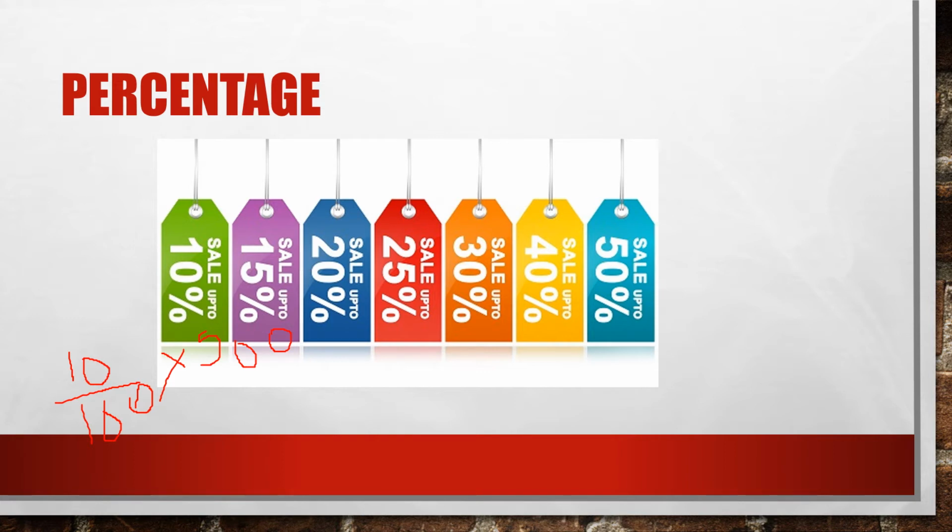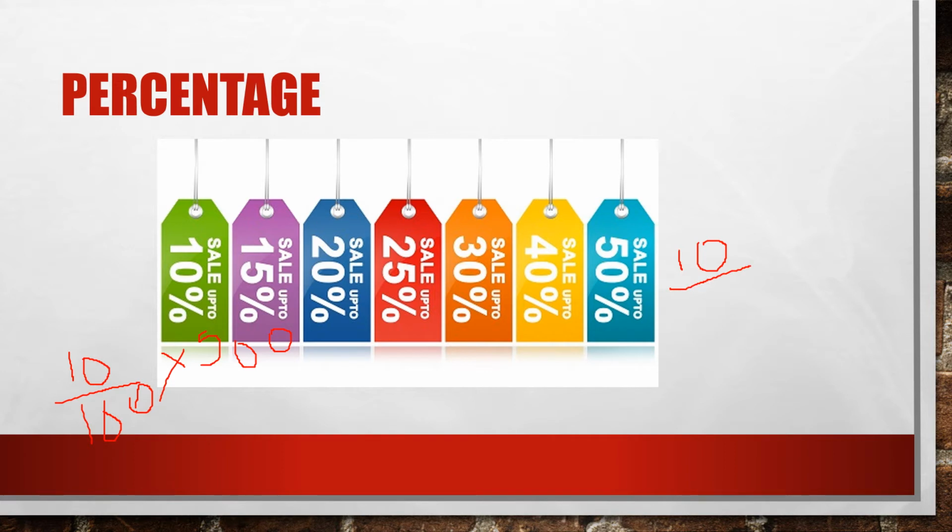So what if we have to calculate your marks? Your exam was out of 20 marks and suppose, just for example, you have scored 10 marks of it, and now we need to calculate the percentage.